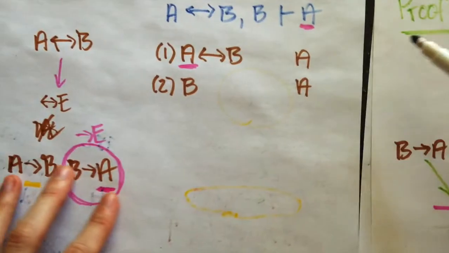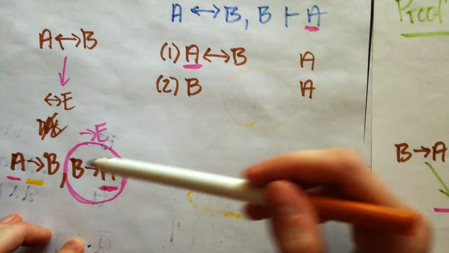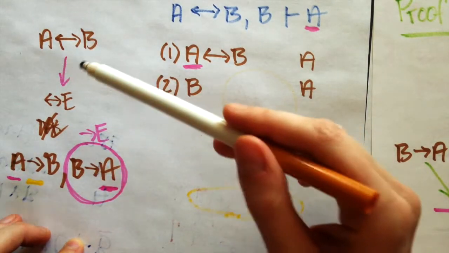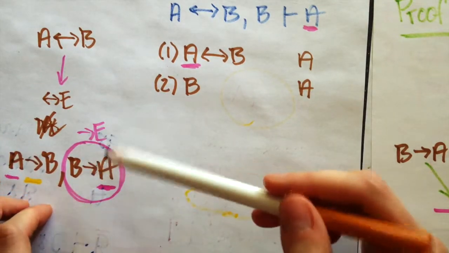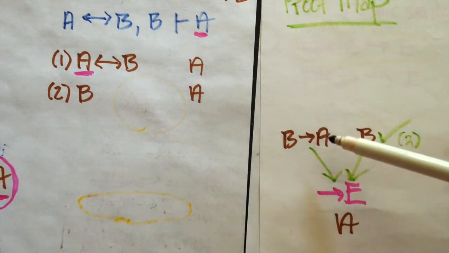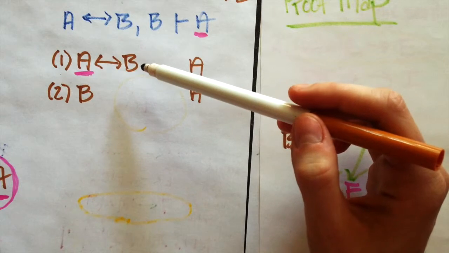Like we had over here, we had our little discussion about how double arrow elimination works, how these 2 conditionals here are in fact embedded in this biconditional, right? And we said we were going to choose this one, looking ahead. So we know that B arrow A is one of the conditional sentences hidden inside of A double arrow B.